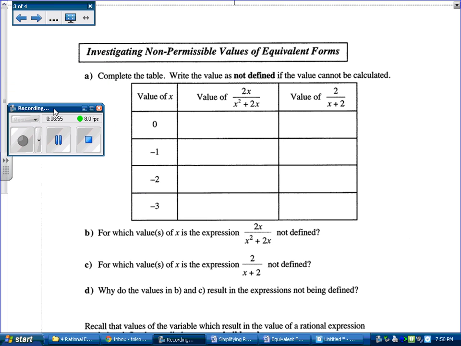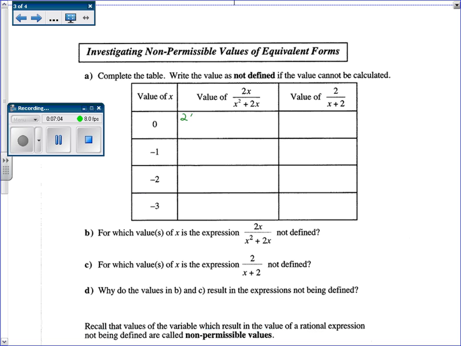Okay, so non-permissible values of equivalent forms. We want to write the value as not defined if the value can't be calculated. So again, we're going to go through the same thing here. 2 times 0 divided by 0 squared plus 2 times 0 is just not defined. 2 divided by 0 plus 2 is 2 over 2, which is 1.